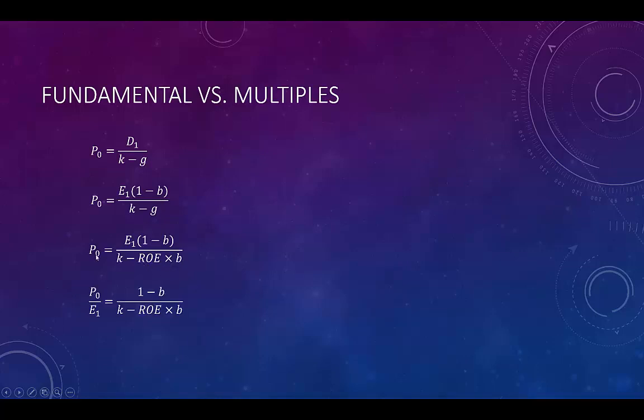By dividing both sides of the equation with earnings, we get the PE ratio on the left-hand side. On the right-hand side, we see that if the profitability increases, so will the PE ratio. We can therefore deduce that more profitable firms should have a higher PE ratio.